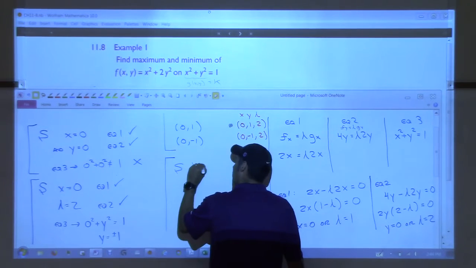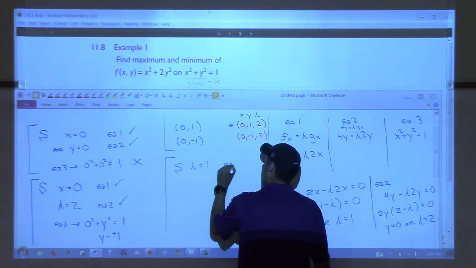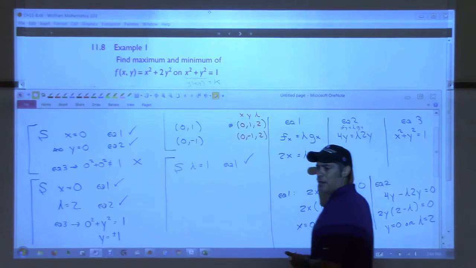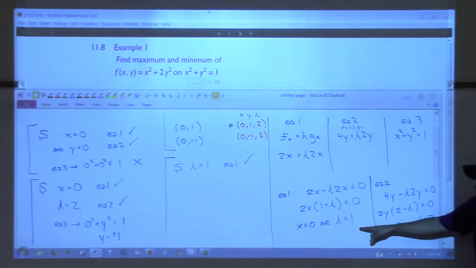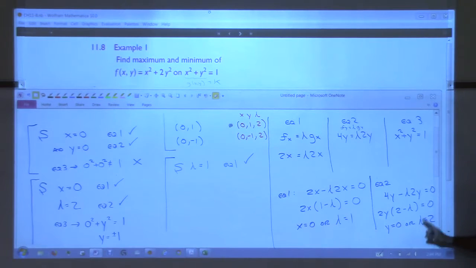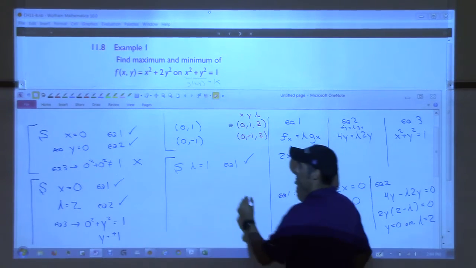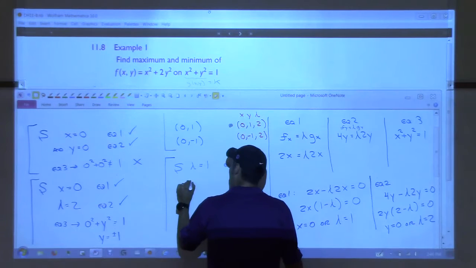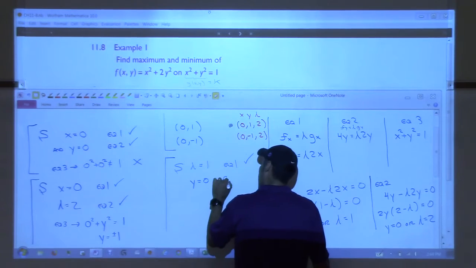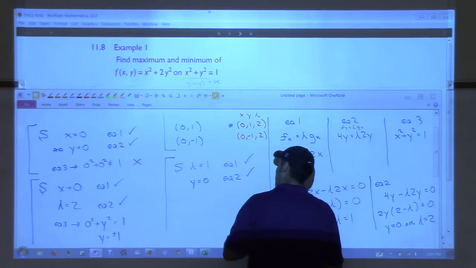Suppose lambda is 1. Then equation 1 is good. Okay? But if lambda is 1 and equation 1 is good, the only way to make equation 2 true is to make y 0 because lambda is not 2, right? So y has to be 0. That'll take care of our equation 2.